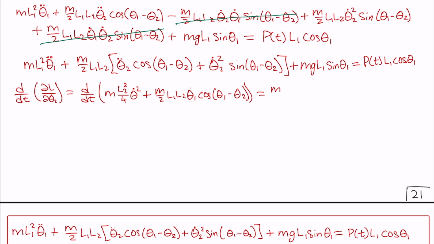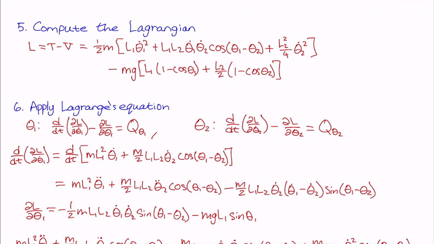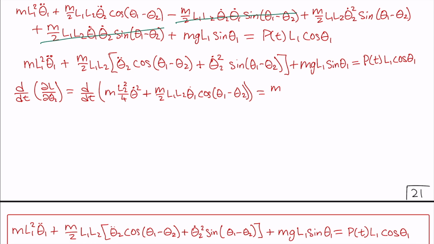Well, actually this should be an m over 2, shouldn't it? Let's just go back up here, because in our Lagrangian we have theta 2 dot squared. Oh, but it's going to cancel. When we bring this 2 down, it's going to cancel the 1/2 in front, so never mind.